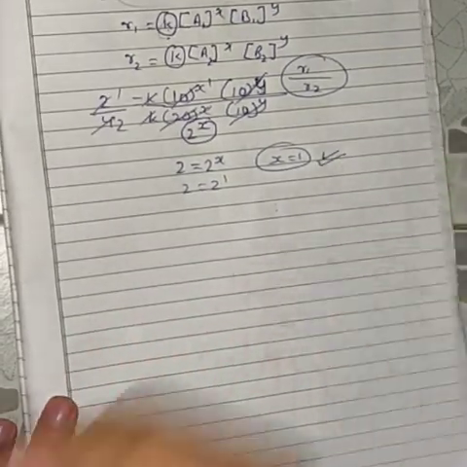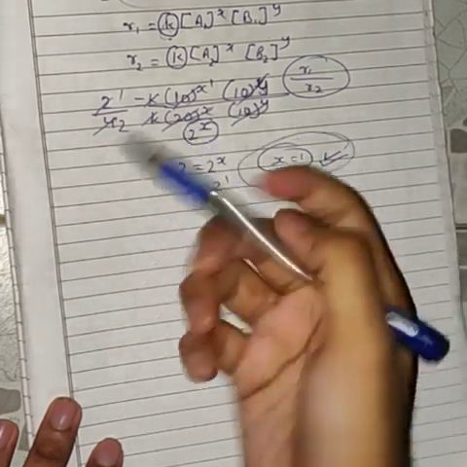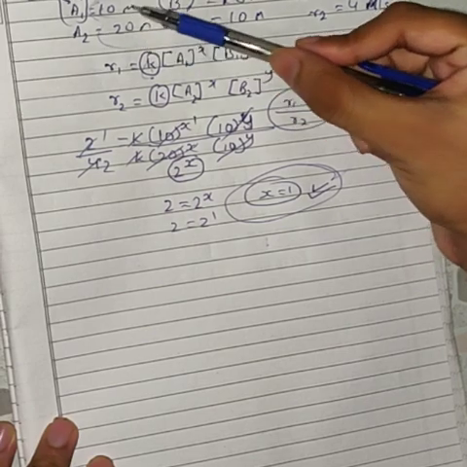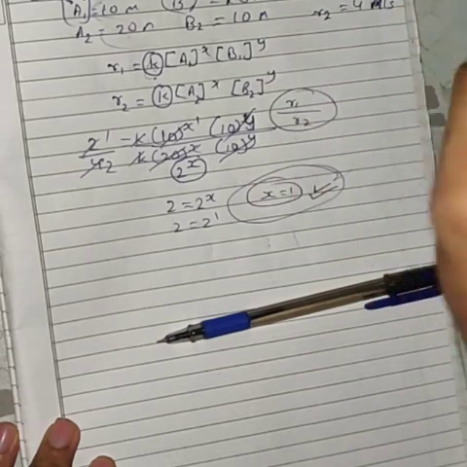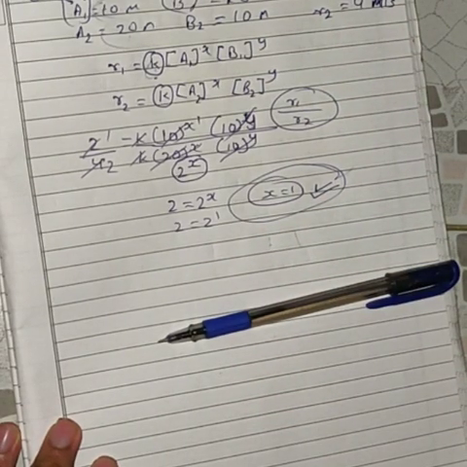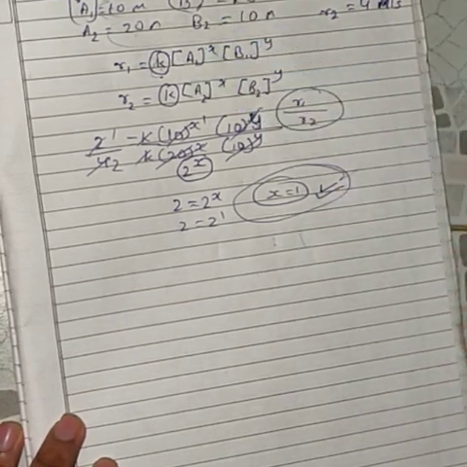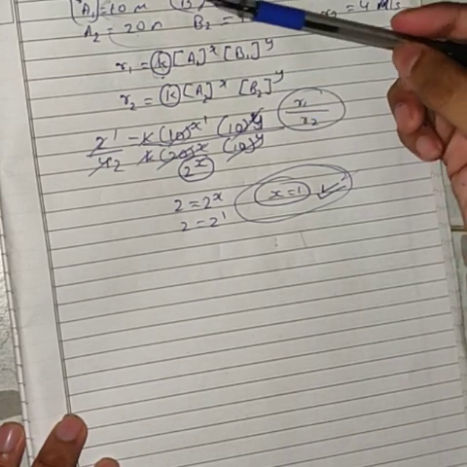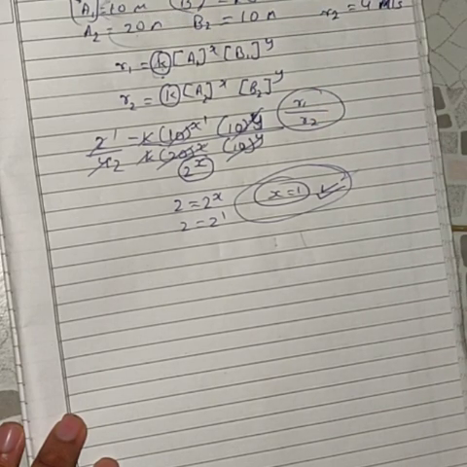So from this condition I derive x. How do I know that I'll get x from this condition? Just simple, if you see very clearly, the concentration of A changes, the concentration of B remains constant. In simple terms, if I say x, how would I define x, or how would I know what is x? In simple terms, I can say x will show you the magnitude of effect that the change in the concentration of A will bring on the rate.